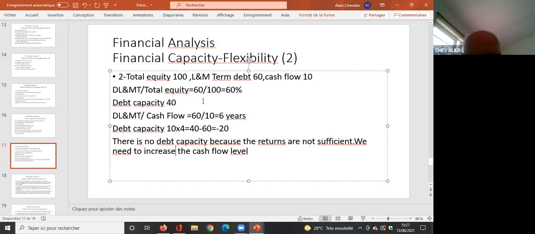So we are in the situation I explained a few minutes ago. There is no debt capacity because the returns, the performance, the production of cash flow is not sufficient. And we need, in that case, to increase the cash flow level. It's not a question of equity issue, it's a question of improvement of the cash flow.